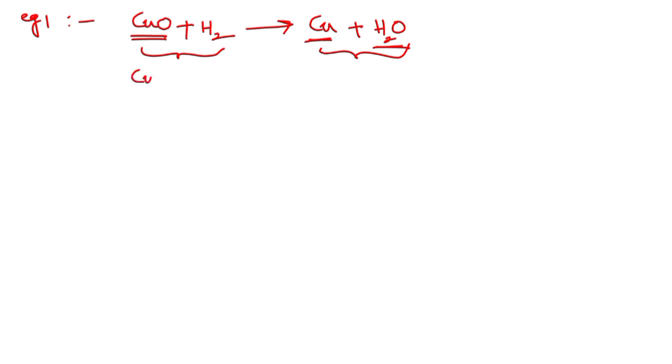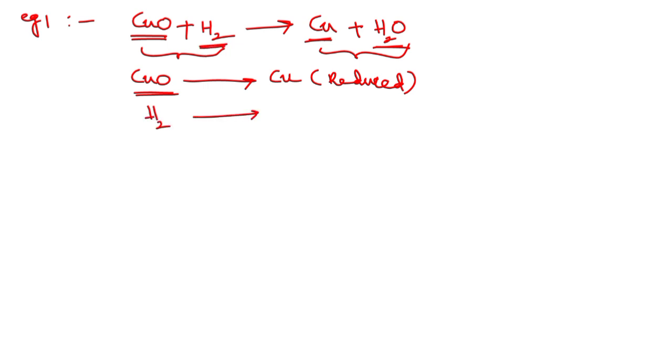Here in the reactants, copper oxide is reduced to copper, means oxygen is removed. So copper oxide is reduced, and hydrogen, it is one of the reactants, and the product is H2O, and oxygen is added here. So hydrogen is oxidized.